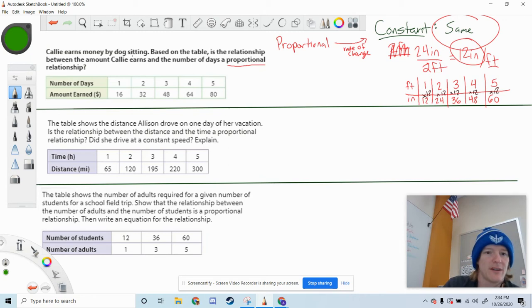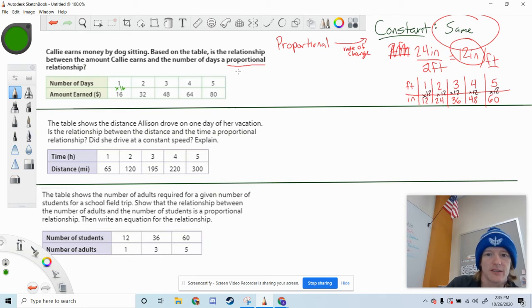Callie earns money by dog sitting. Based on the table, is the relationship between the amount of money she earns and the number of days a proportional relationship? So check this out. For 1 day, she makes $16. So we multiplied by 16. In 2 days, she earns $32.